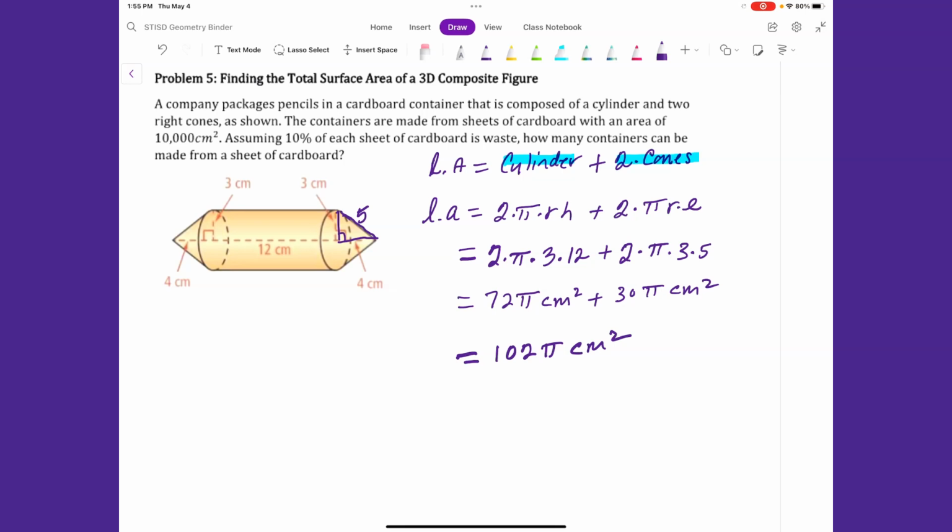Now it states that 10% of 10,000 square centimeters is wasted. I wrote this wrong, it should be 10%.